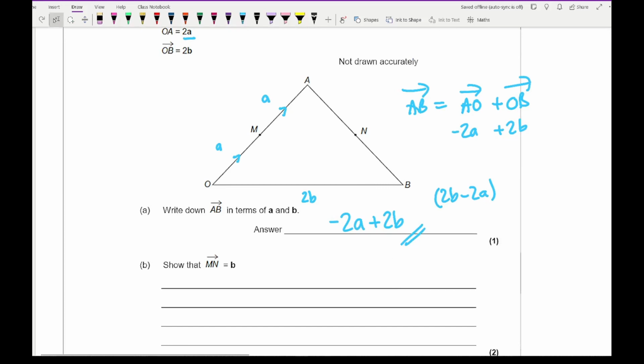Well, first of all, let's work out what AN is. Now AN is half of AB, so that's going to be minus a plus b. And then MN, which is what they wanted me to show, is equal to MA plus AN, which is equal to a minus a plus b, which equals b.